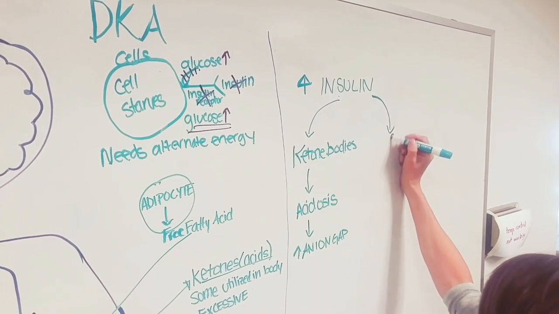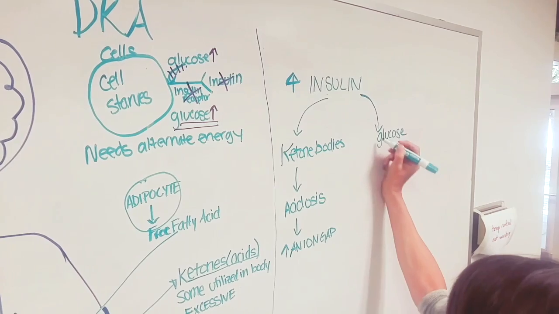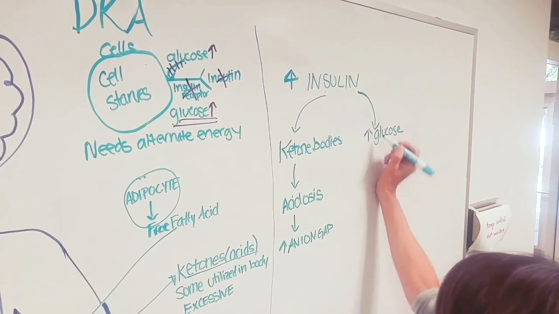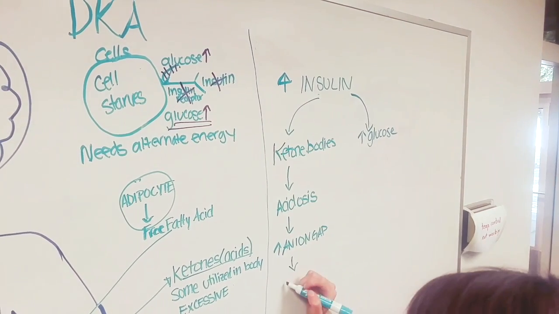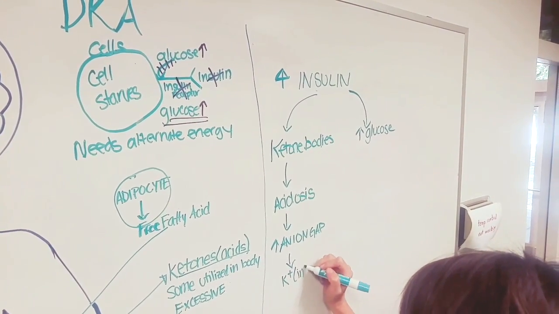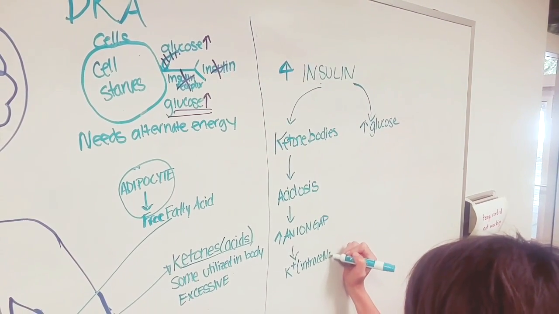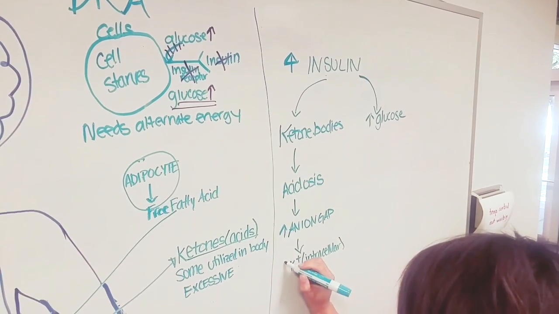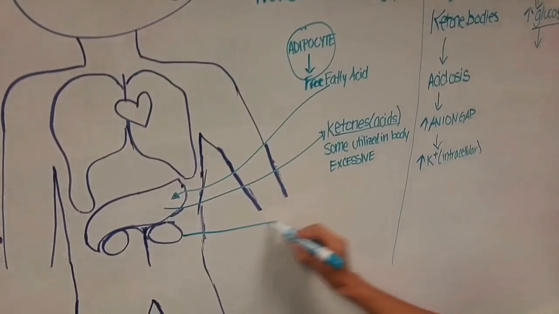Now, with your decreased insulin, you've gotten an increase in glucose. One of the things that's important to remember with your anion gap and your acidosis is that the potassium, which is intracellularly at this point, moves extracellularly and increases extracellularly, which is important when it comes to treatment, which we'll talk about later.